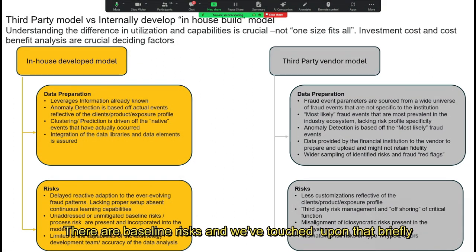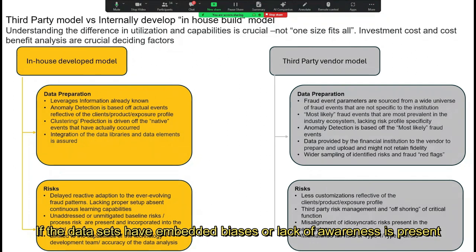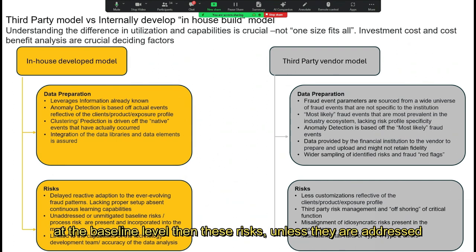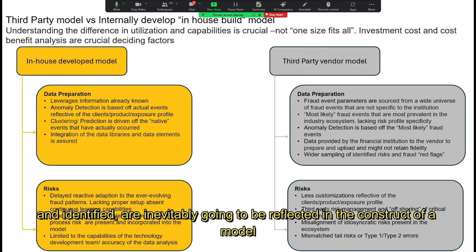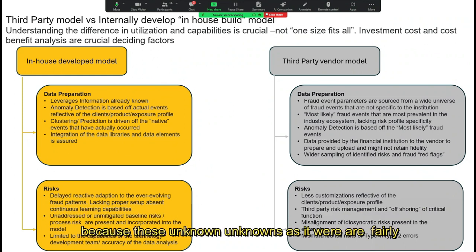There are baseline risks, and we've touched upon that briefly. If the data sets have embedded biases, or lack of awareness is present at the baseline level, then these risks, unless they are addressed and identified, are inevitably going to be reflected in the construct of a model, because these unknowns, as it were, are fairly difficult, if not impossible, to account for.